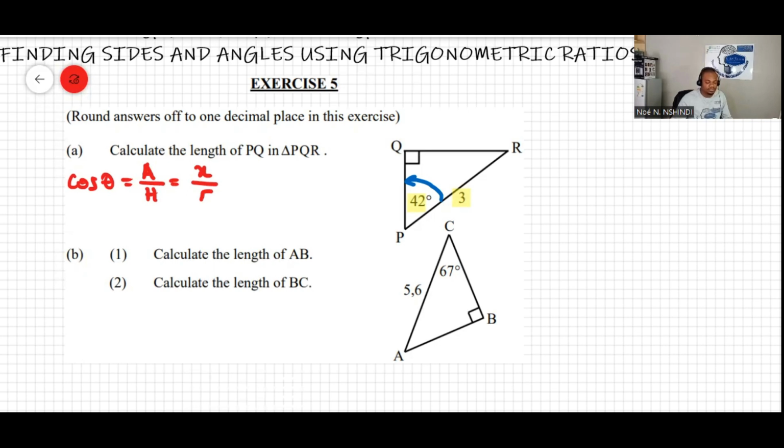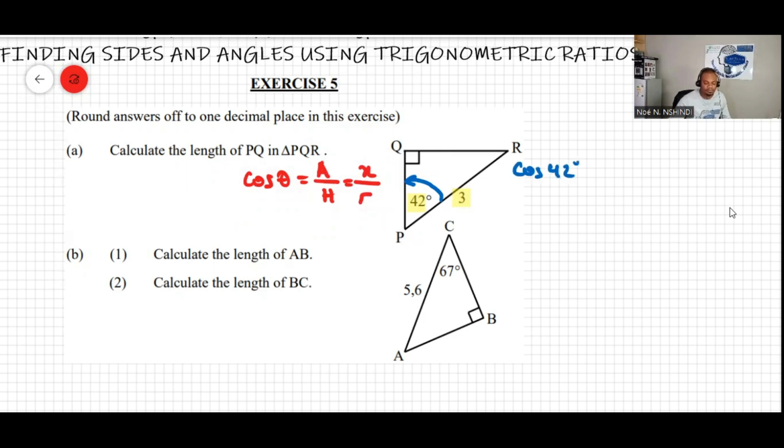Now, in the calculation, I will say cos of 42 degrees will be equal to the adjacent side, which is PQ, the side I'm looking for, over the hypotenuse, which is 3.